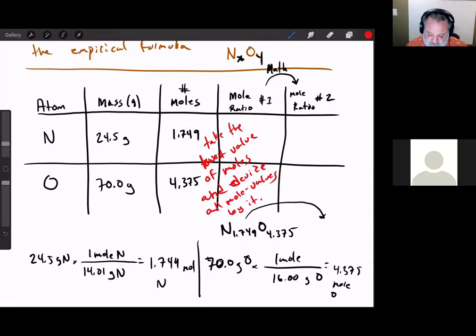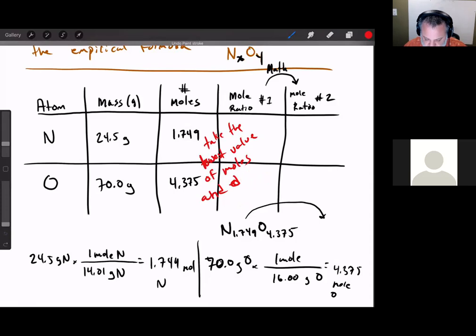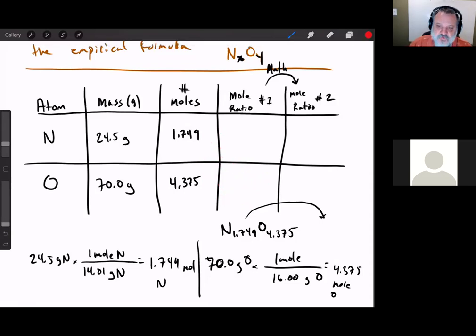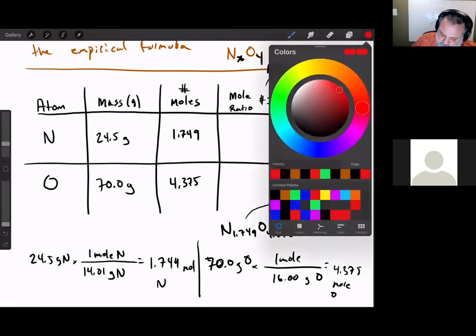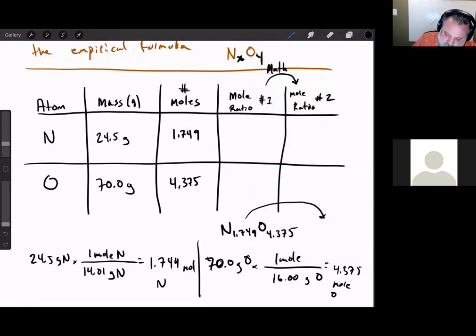So let's take a look. Which number is smaller? 1.749 or 4.375? Right, the number for nitrogen is smaller. So we take the lowest value of moles and we divide every number by it. So I'll do the hard one. 1.749 divided by 1.749, that's 1.